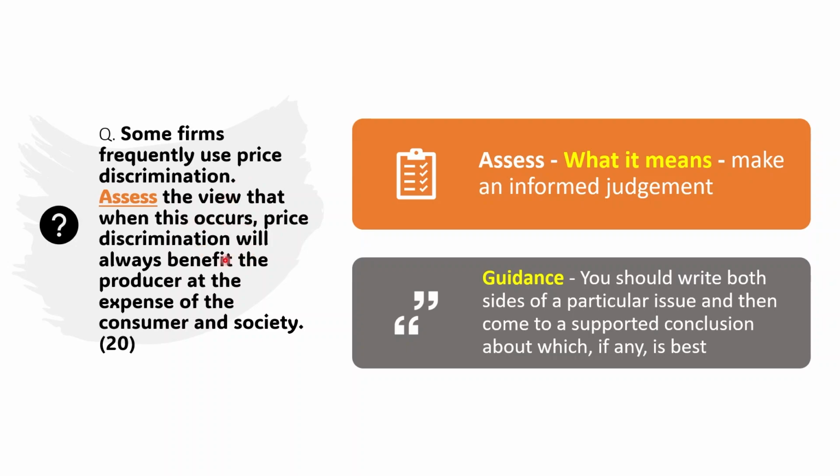But the second part of the question, that it is at the expense of the consumer and society, is debatable. I hope you have understood how we are going to look at command words and how we are going to apply them to the structure of our essay based on the command word being used in the question.